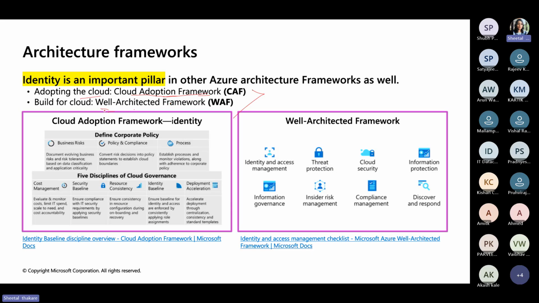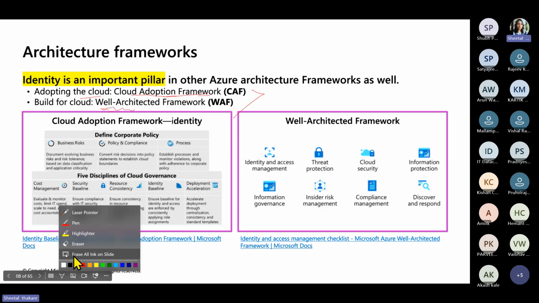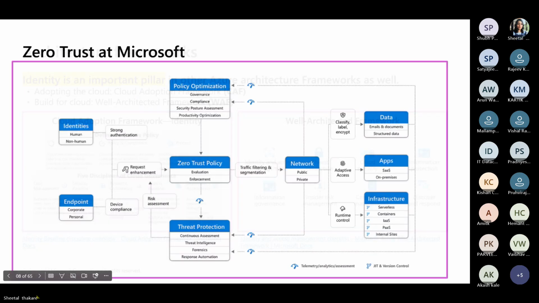Whereas in the well-architected framework, the organization is already using the cloud environment, but they now want to optimize each and every process. So they are revising their architecture. They are building the well-architected framework in the cloud environment itself.